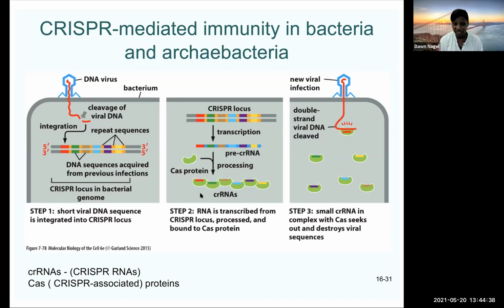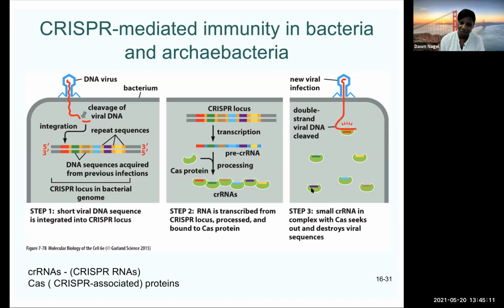Then you have these CRISPR RNA molecules floating around in the cell. If the bacteria gets infected with that same virus, you have this similar sequence with this protein already present. It will find it and destroy it, okay? It doesn't need to put it back into this locus because it already has it. It's absolutely brilliant. It's really a clever assay.